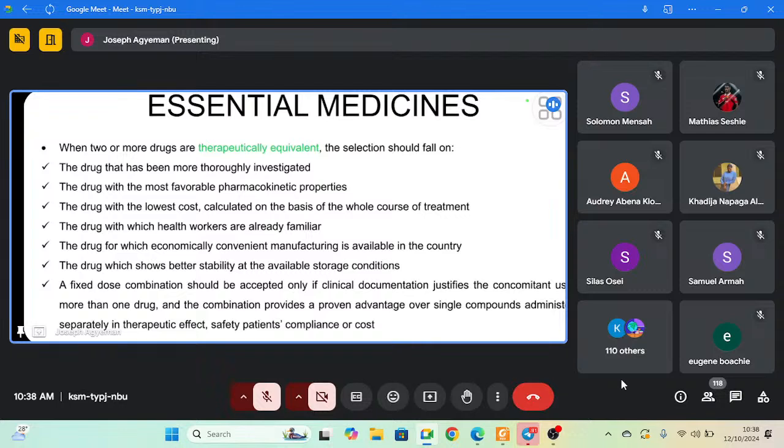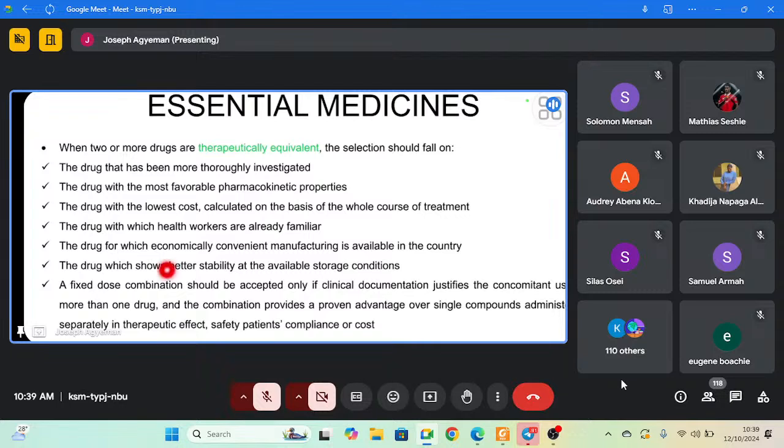But all things being equal, it's expected that locally manufactured drugs will be cheaper than foreign ones. And therefore, if you are choosing from 2 drugs or more that are therapeutically equivalent, the one that it is possible for us to manufacture locally is the one that you have to choose.